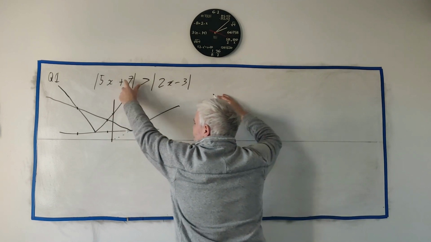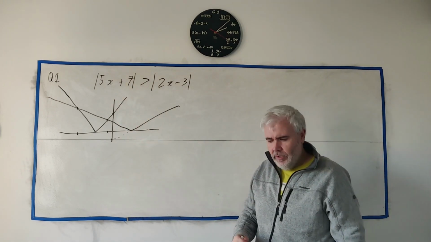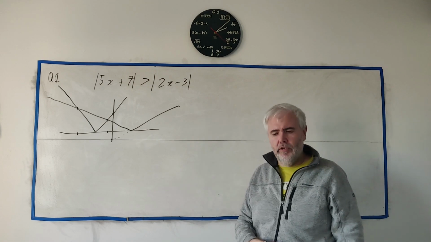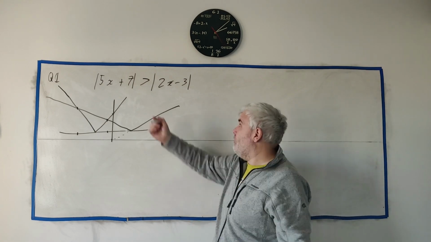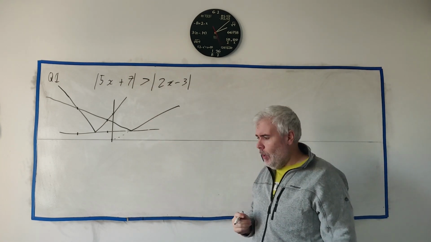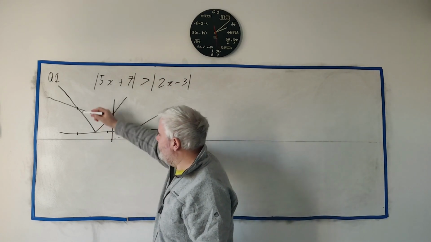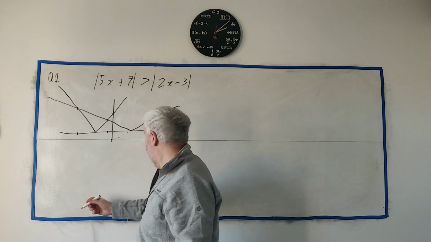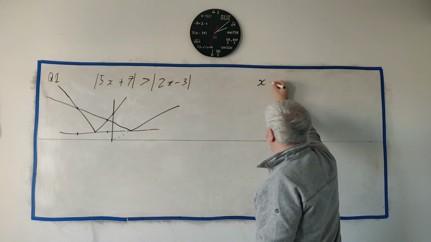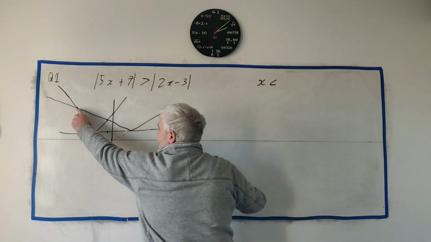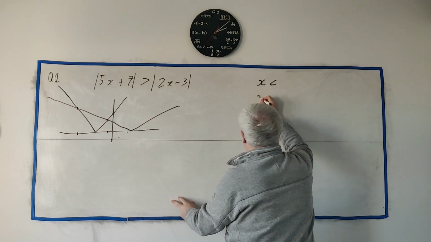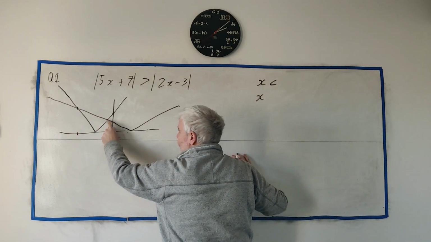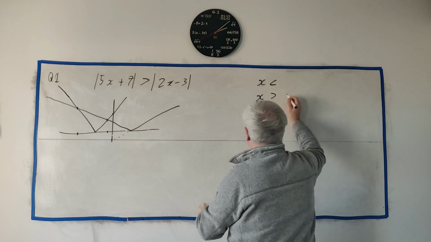This is shallow and that's steep. So instead of doing any squares or worrying about even the inequalities, all you really have to do is find this point, and the answer will be x less than this point. And if you find this point, it'll be x is bigger than this point.